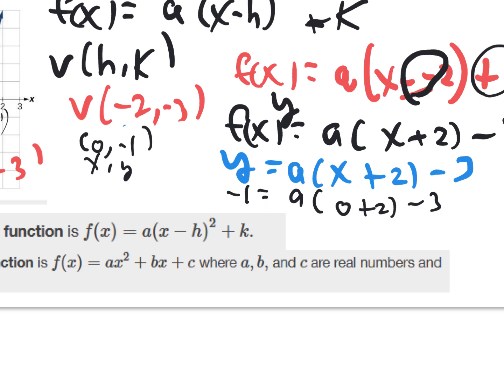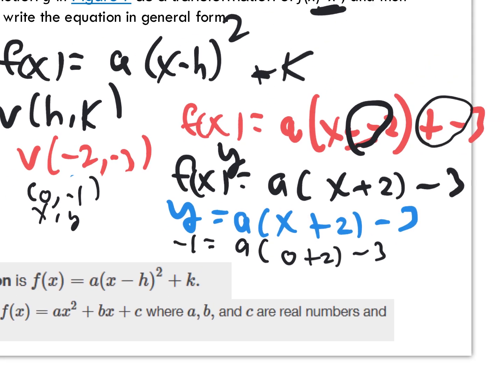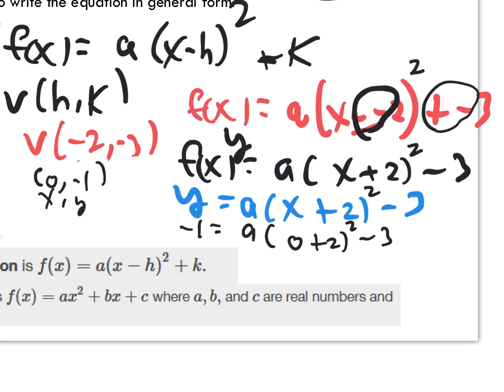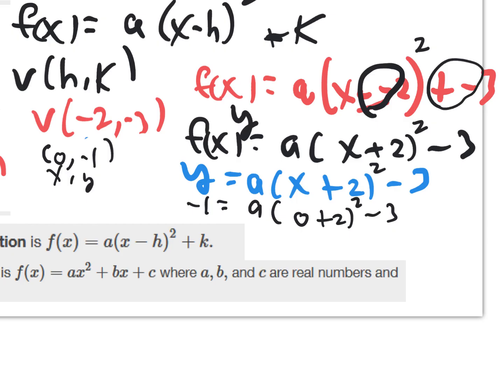Forgot to put my squaring. I don't have it down on any of them. I should be in trouble. Lost my squaring every single time. That's one way to make a big mistake, but I'm glad I found it. So that turns into negative 1 equals a, and then 0 plus 2 is just a 2, and 2 squared is a 4. So I'm going to back up and take off that a.